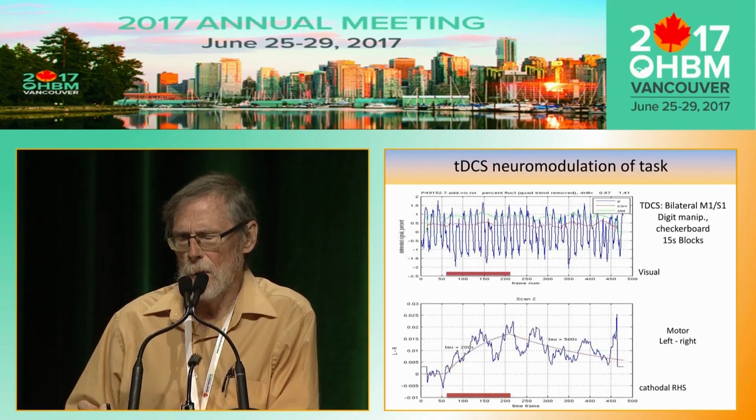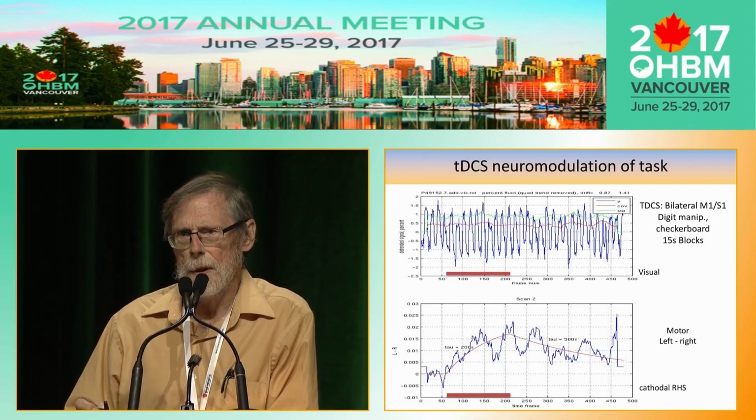But here in the motor cortex, which is where the electrodes were placed, one on the left and right, and we're showing the difference in activity in the left versus the right, you see an increase in the overall activity in the motor cortex that decays away after you turn it off. Time constants are in the order of 9 or 10 minutes or so.